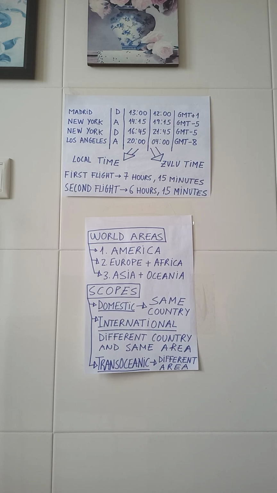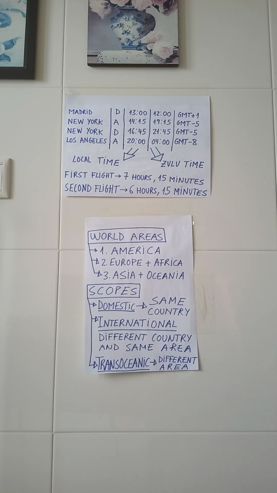Let's go to the second folio. On this page, I talk about two concepts: areas of the world, also called IATA zones, and areas of influence, scopes.